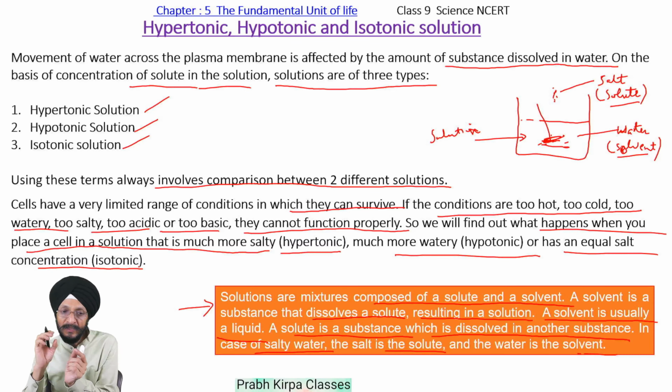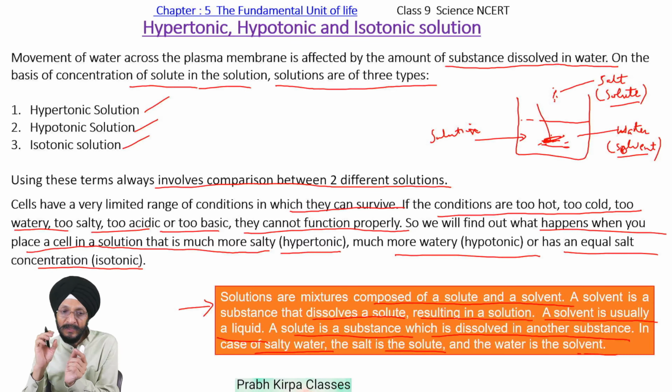So next, first of all comes the hypertonic solution. And what will happen if a living plant cell is placed in a hypertonic solution, and what do you mean by plasmolysis? First of all, we will try to find out the meaning of hypertonic solution.